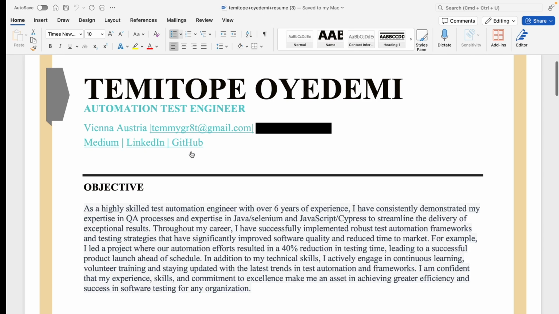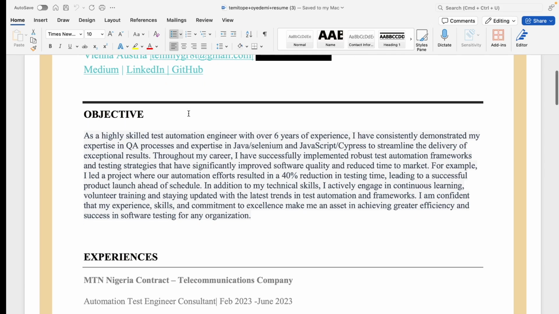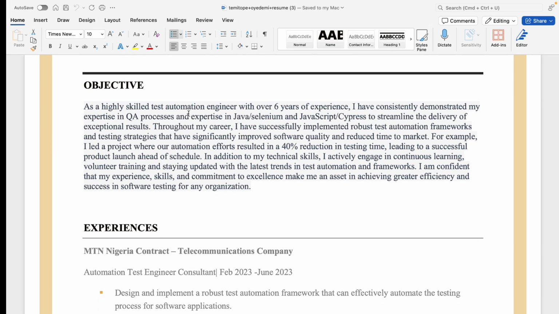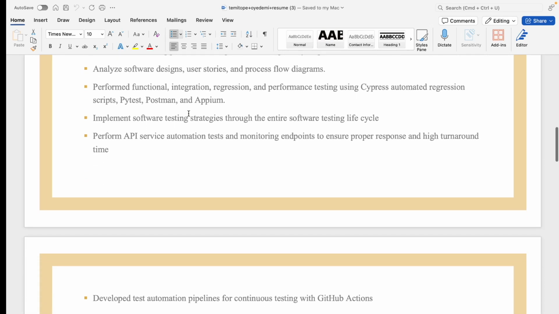You put your country, you put your email, your phone number, your professional profile, and maybe a portfolio, and so on, right? You try as much as possible to indicate them there. So this template is very good, and if you want to use templates, you can use Microsoft templates.